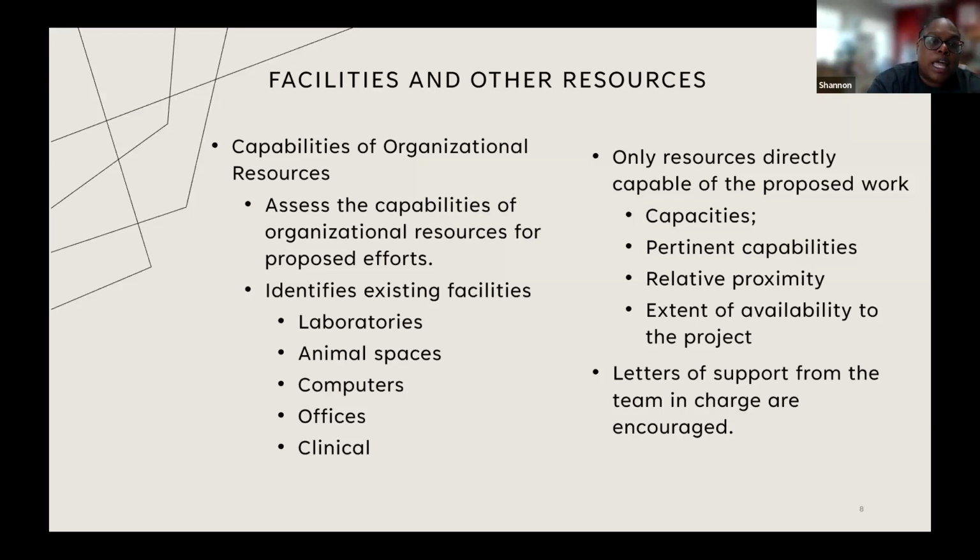And so that could also be in your form that I'm going to use this facility. I also have a letter of support in your other resources that states that I have access to use this facility. And so in this document, you want to describe your facility's capabilities in detail.